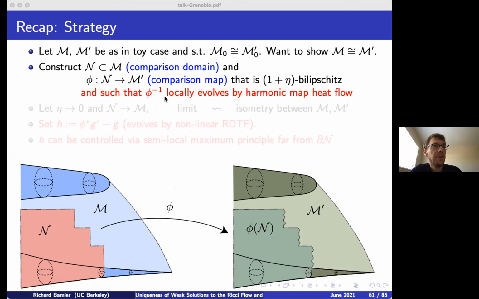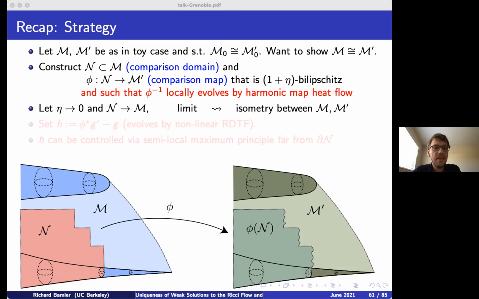So this is maybe what I'm going to add to the strategy here: we want to make sure that phi evolves by harmonic map heat flow. We can write down the equation still locally, and we want that equation to be true. Then again, our goal will be to let eta go to 0 and N go to M, and in the limit, we want to obtain an isometry between M and M prime.